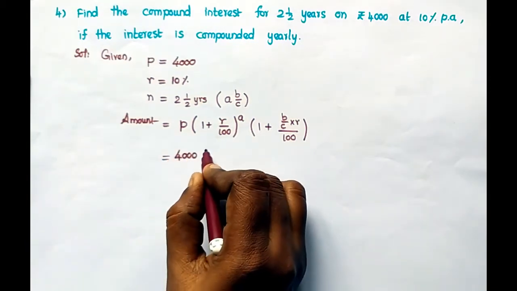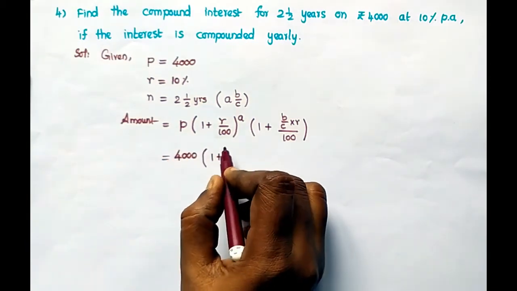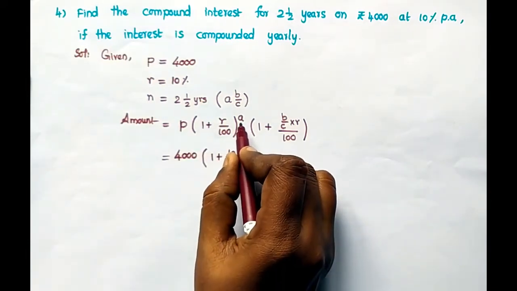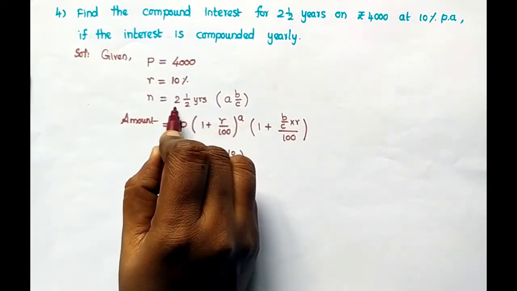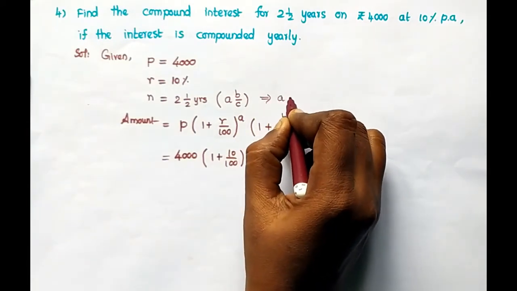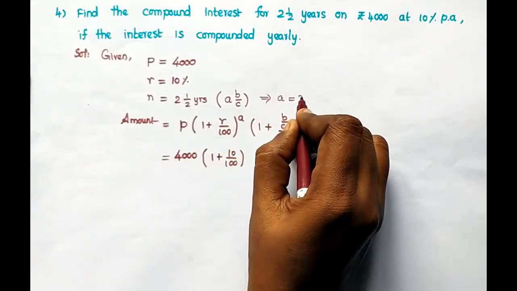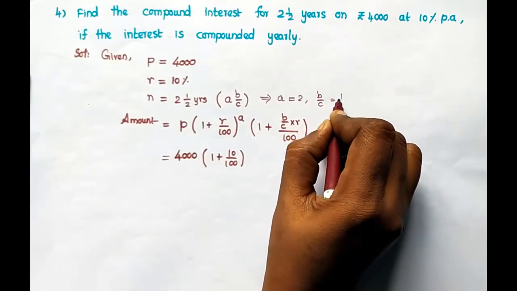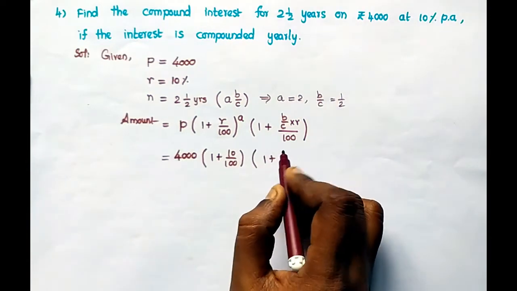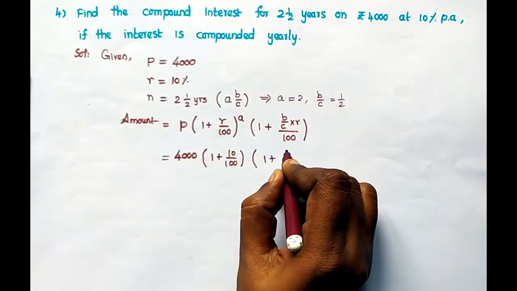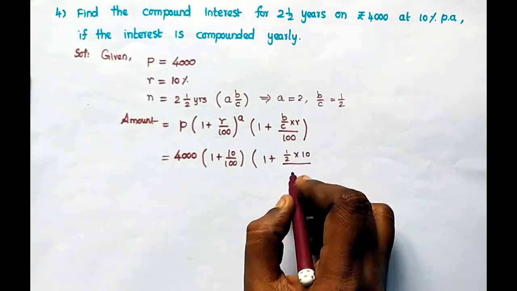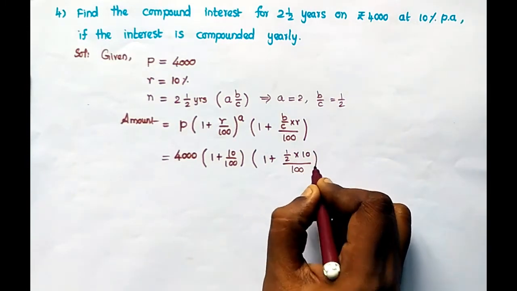Now substitute the values. 4,000 into (1 plus R is 10%, so 10 by 100) power A. A is what here? 2. That implies A equals 2, B by C equals 1 by 2. So 1 plus B by C means 1 by 2 into R, that is 10, into 10 divided by 100.